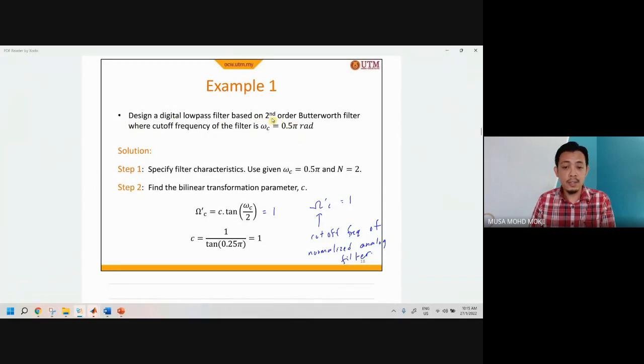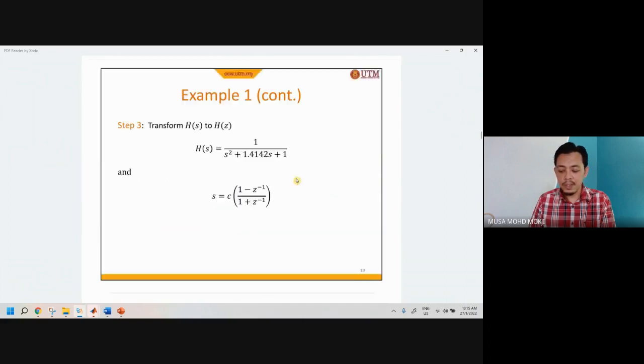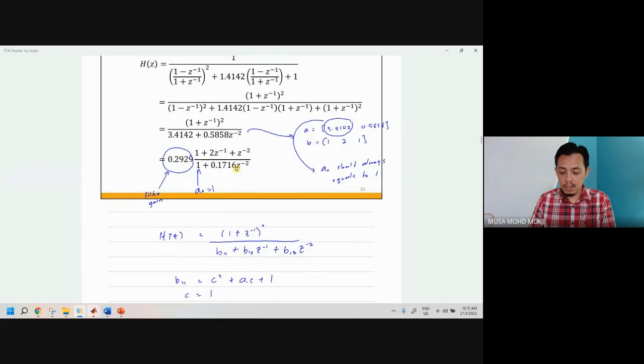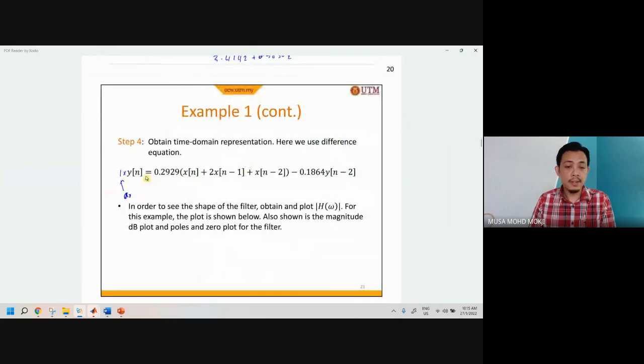We already know the filter order, and omega C is already given, which is 0.5 pi per radian. Then you just need to find C, and convert this analog filter into a digital filter. Finally you get this H(z), and then this is the Y, after you convert the system function into a difference equation.